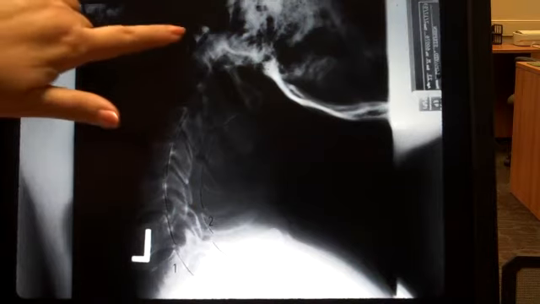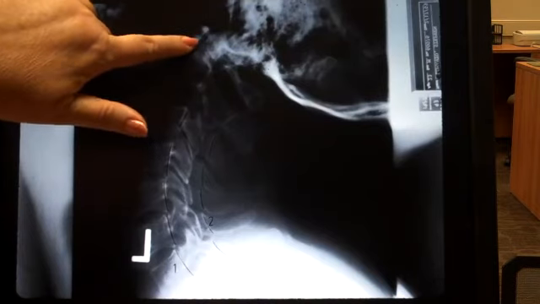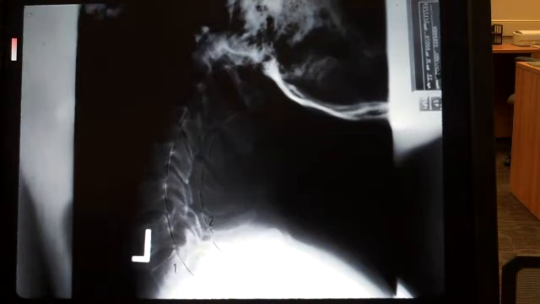Number three, which is designated right up here, would be the ADI. We again measure the ADI on the routine lateral view, and what we're looking for on the extension view is that the measurement does not change more than 1 millimeter from whatever it measured on the routine lateral view.